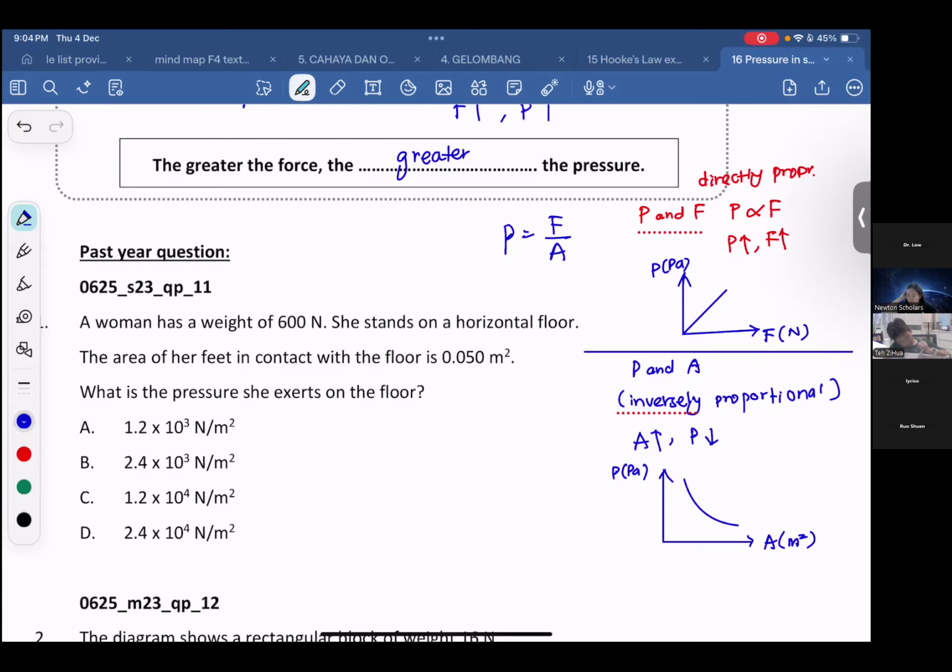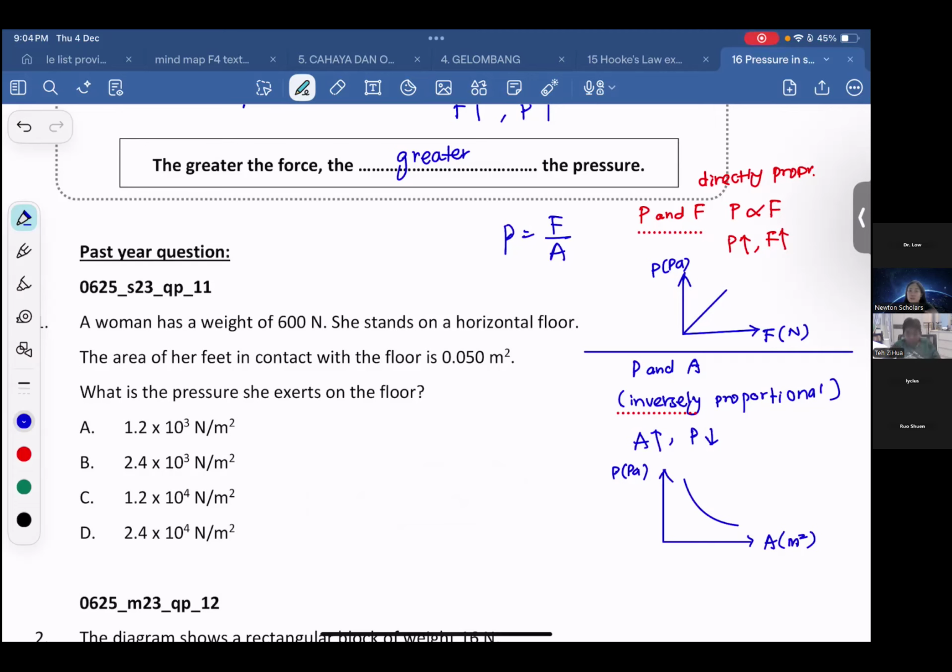Angeline, hey. Okay, so 2003, first question, you do the calculation. This is quite straightforward. I want you to practice writing formula, substitution, final answer. I know that now you've got a calculator. Actually, you press and you already get the answer for MCQ. My students always ask, teacher, this is MCQ, why do I need to write working steps? Right now, we are practicing. We want to make sure no matter whether it is MCQ or structure question, you have the habit of writing formula, substitution, and final answer.